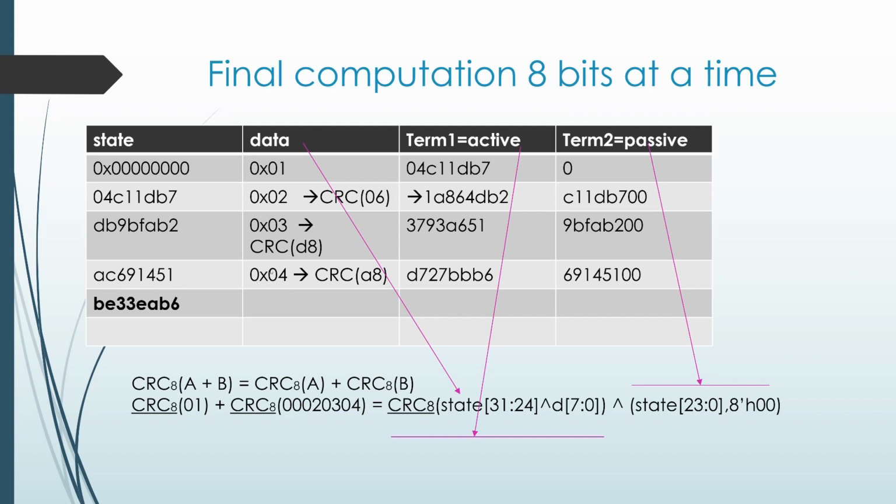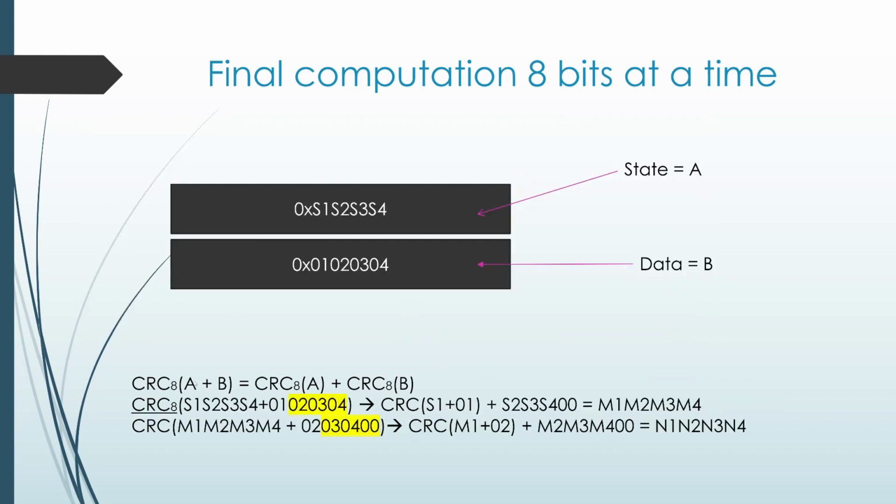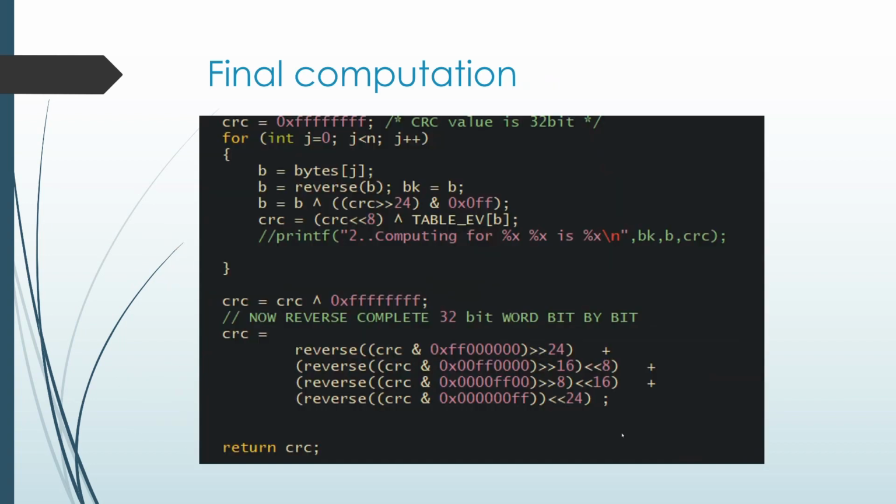AC691451, and then when 04 comes in, it'll be AC XORed with 04, which is A8, and then you do the CRC of A8, and then you left shift, which becomes 69145100. And then you XOR these two and you get this. So this will basically continue on till all the bytes are consumed, right? So in a sense, you can see that this equation is showing you how this works, and it's implemented right here.